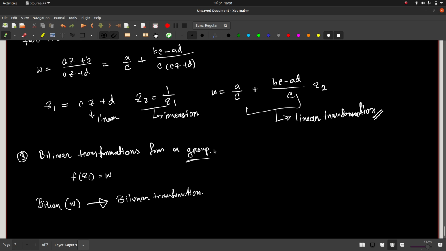So a bilinear transformation that forms a group can be written as f of, let's say this one is 2, this one is 1, like this.